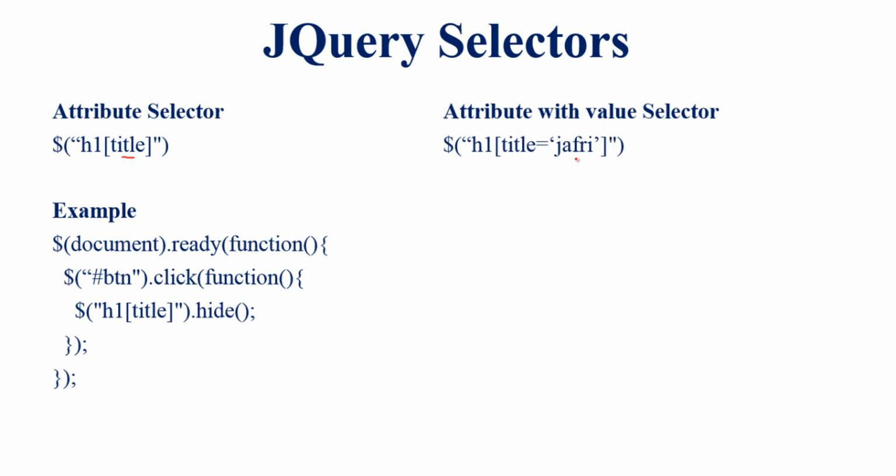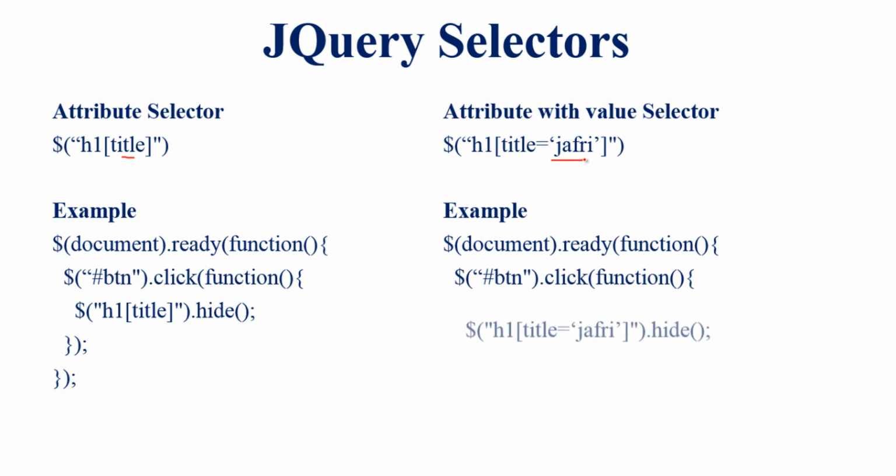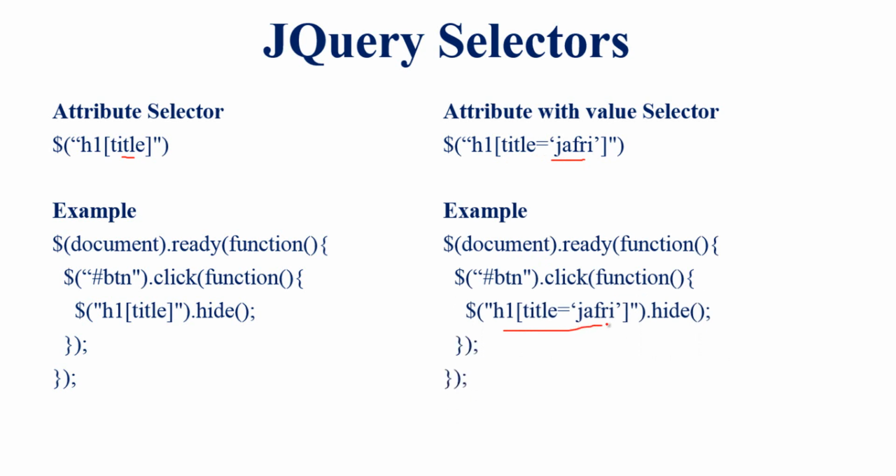We want to be more specific. We want to select h1, but only those h1 which have the title attribute and also have this value, Java. Then we will perform the action on that h1. We want to hide that h1 which has the title attribute and its value should be Java, not any other. So these are different types of selectors.